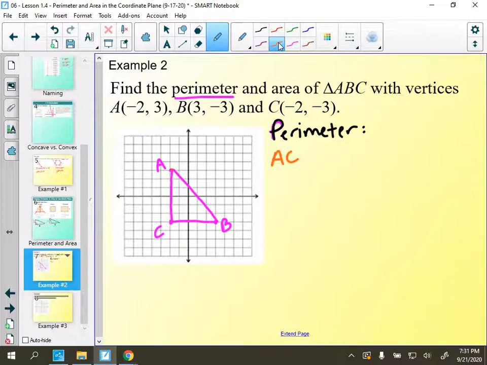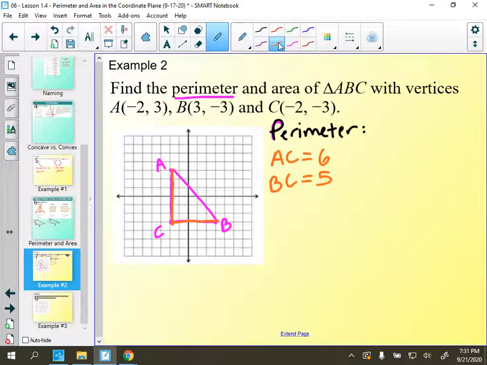So AC has a length of 1, 2, 3, 4, 5, 6. 6 units long on that one. Great. I can do a similar process with BC because it's a horizontal line. So whichever way I count, I know that BC has a length of 5.